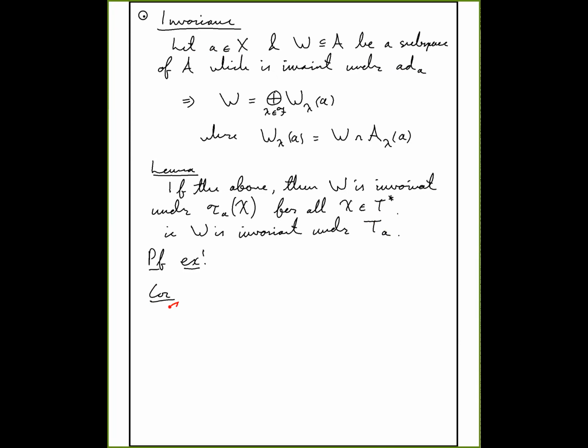So my corollary is that every ideal of an axial algebra is invariant under the Miyamoto group.